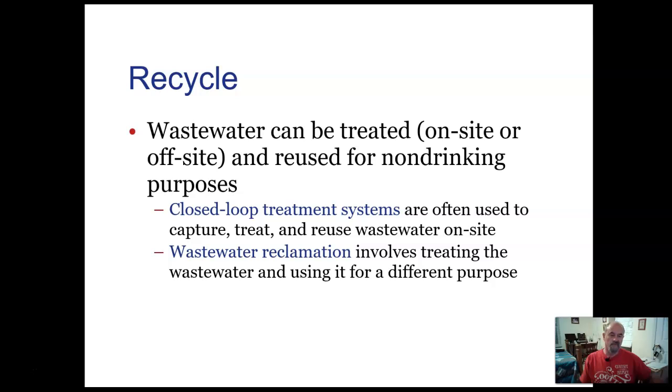Closed-loop systems are often used by businesses like car washes and places that have pressure washing on-site, like for tractor trailers. An example of wastewater reclamation, though, would be using water treated by a municipal water treatment system to irrigate public property like golf courses and things of that nature.